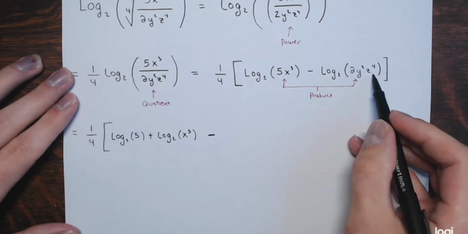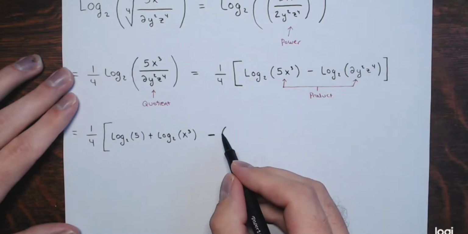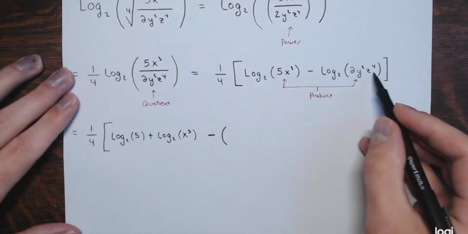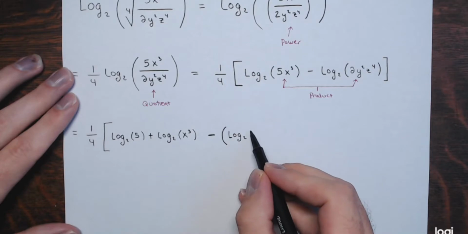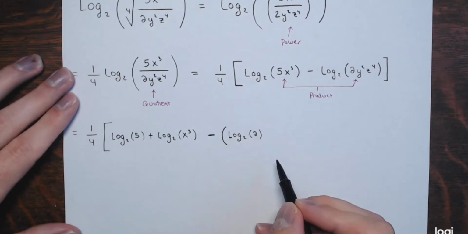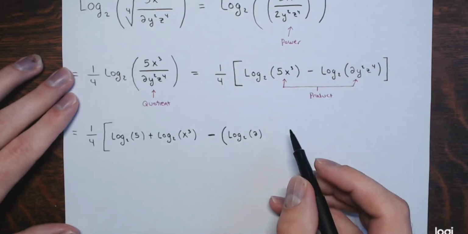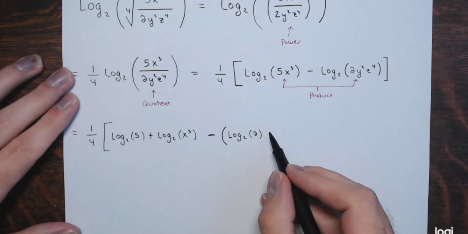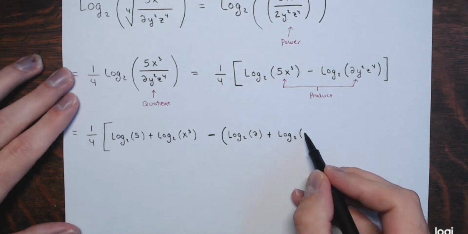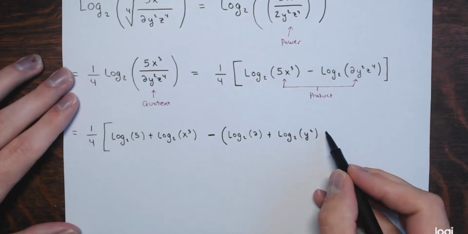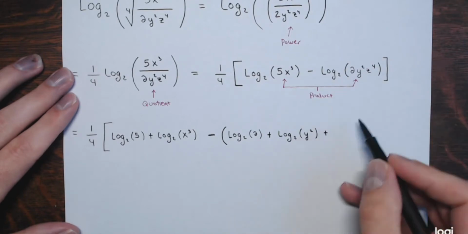This has 3 terms. Minus the quantity, you're subtracting all of this, not just the first term. The log base 2 of 2 plus the log base 2 of y squared plus the log base 2 of z to the 4th.